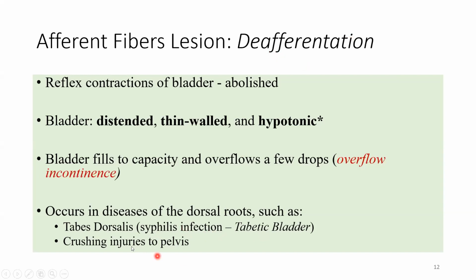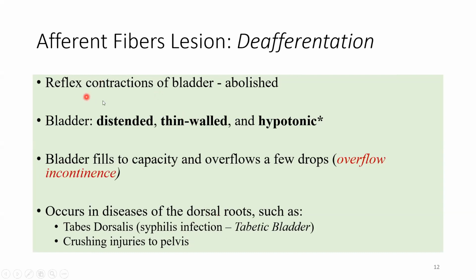Then there are some specific crushing injuries. It's rare that a crushing injury of the pelvis would just take out the afferents. Usually it's the entire pelvic nerve, which means afferents and efferents. So when we talk about scenario number two, crushing pelvic injuries come on top of that. Here, if somebody asks you, you can mention the selective dorsal root lesions, and syphilis comes to mind.